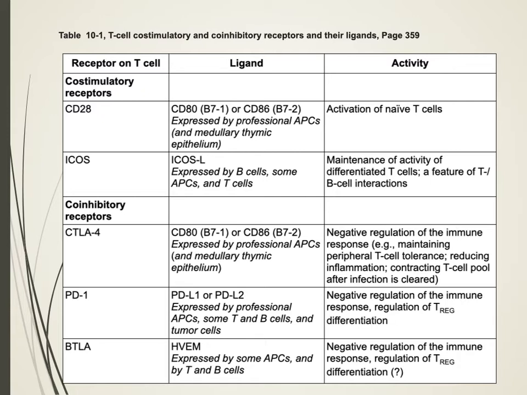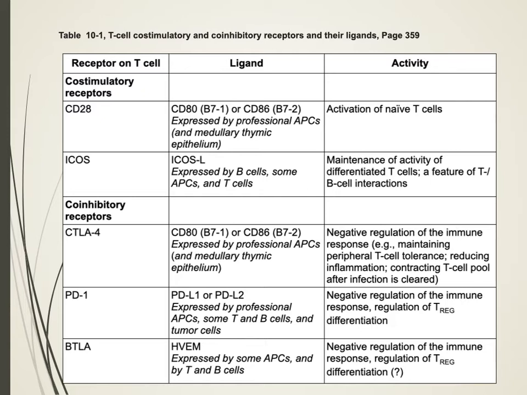And consensus is that if it's stimulatory, it's going to end up activating, leading to differentiation of our T cell. With inhibitory, then it's going to negatively regulate the immune response so that the T cell doesn't become activated. It can also cause the T regulatory cells to be activated.